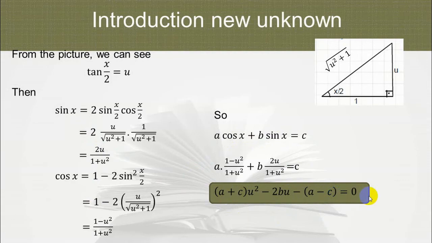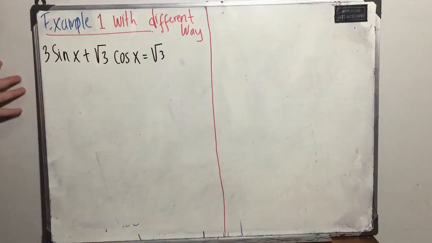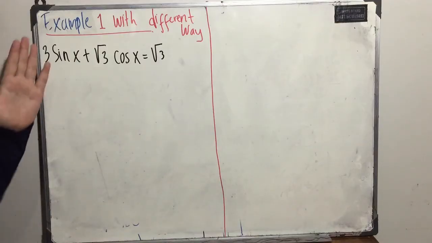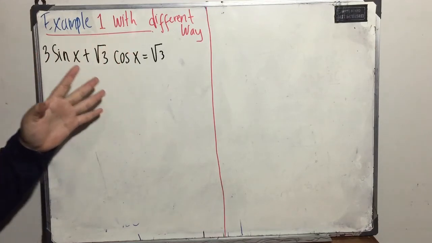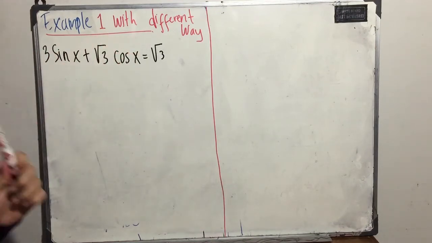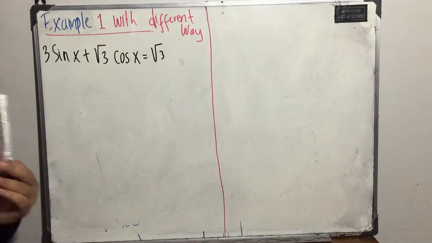Now we will jump to the example. Okay, now we want to find the solution of example 1 in a different way. What's the different way? The different one is that now the method is introducing an unknown.